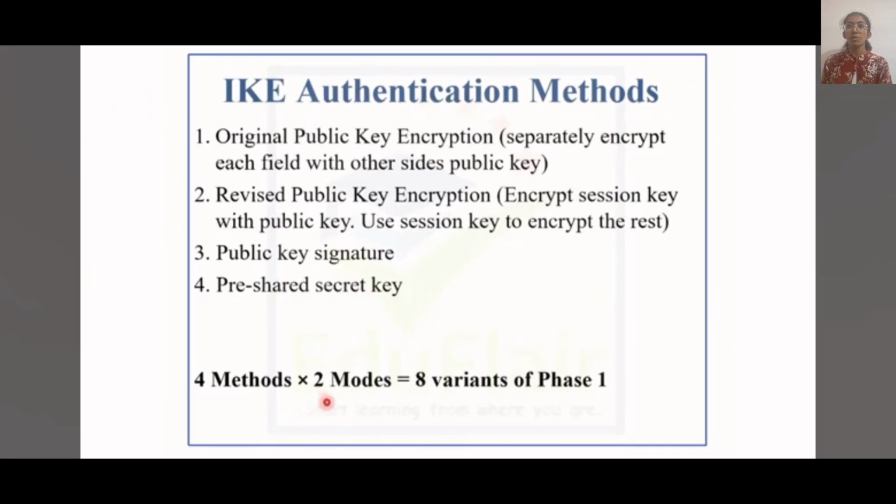The authentication methods are original public key encryption, that is separately encrypting each field with the other side's public key, and revised public key encryption, which encrypts the session key with a public key and uses the session key to encrypt the rest. And the public key signature, and the pre-shared secret key. The formula is 4 methods times 2 modes equals 8 variants of phase 1.